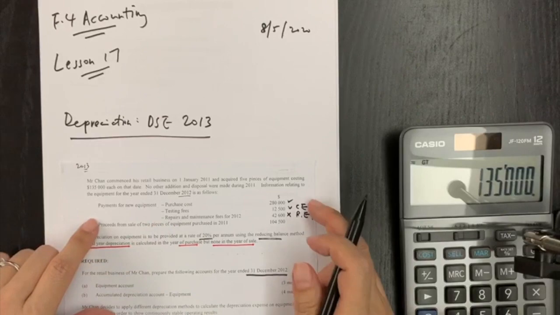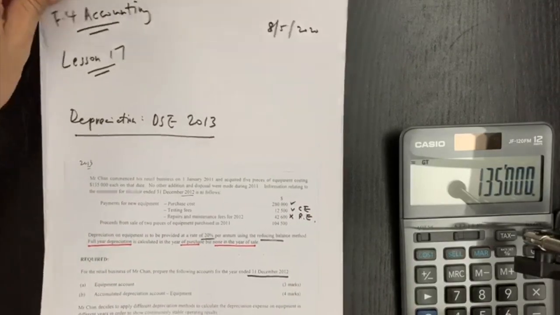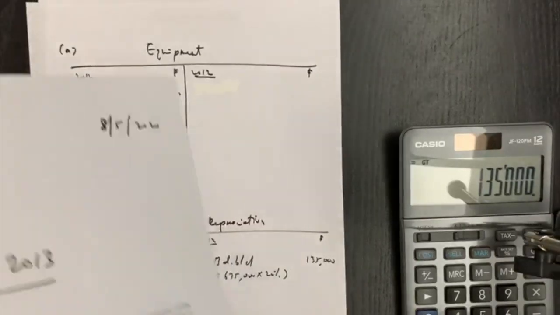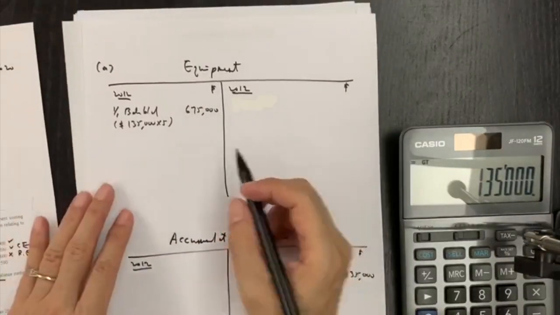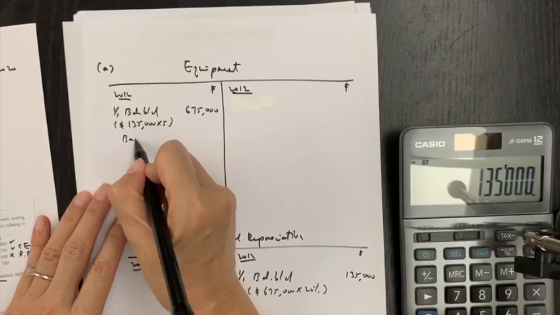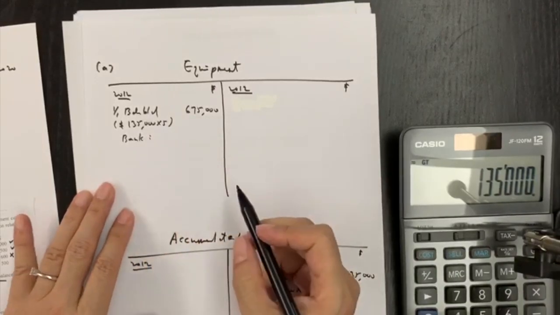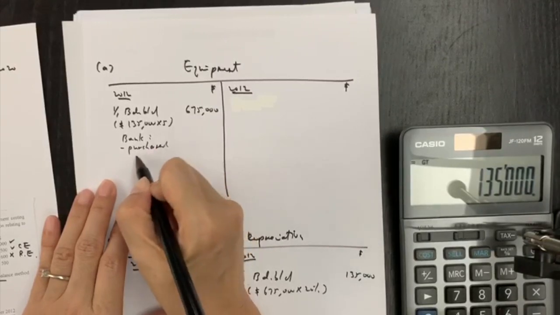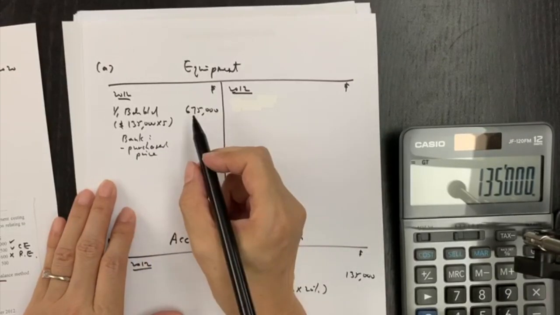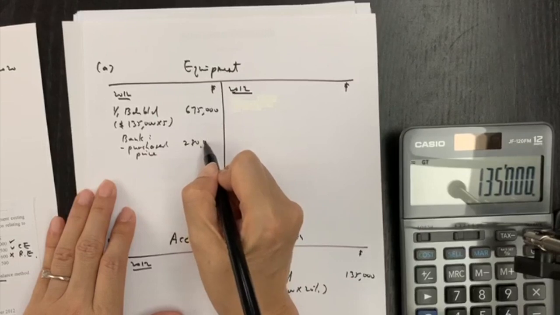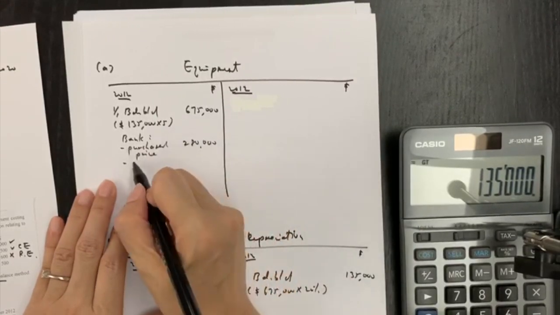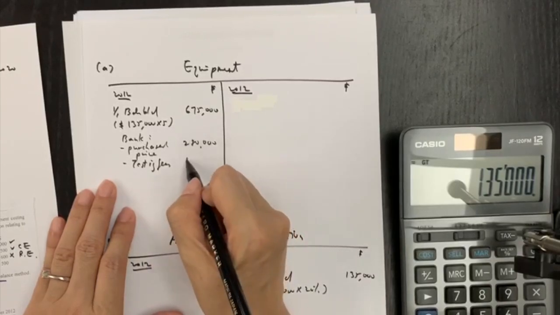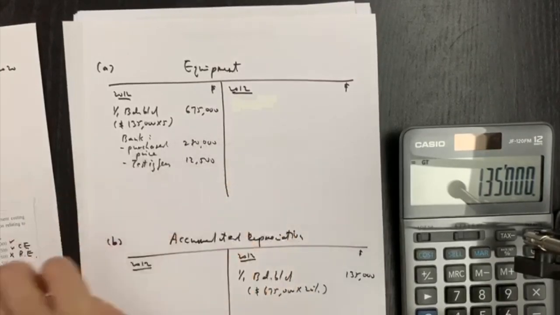Okay, so this is the analysis about the new things purchased. So what do we do for the new things purchased? Yeah, we debit equipment. So we need to pay money. So I have bank here paying for two things, which is the purchase price, that is 280,000, and also the testing fees, that is 12,500.